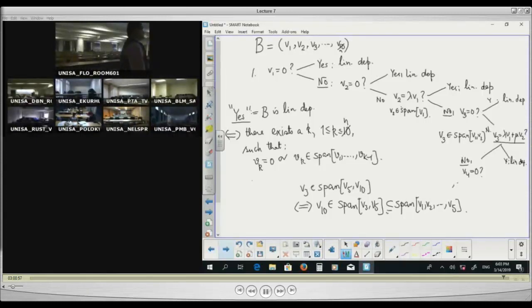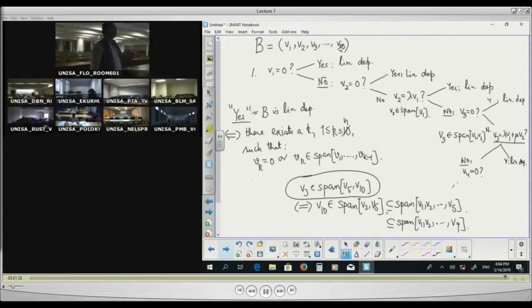But yes, you are right. If you can immediately come up with such a relation by looking into the thing, you don't have to check for all these cases. But in general, what I was suggesting is this procedure provides an algorithm to check whether any general list is linearly dependent or linearly independent.